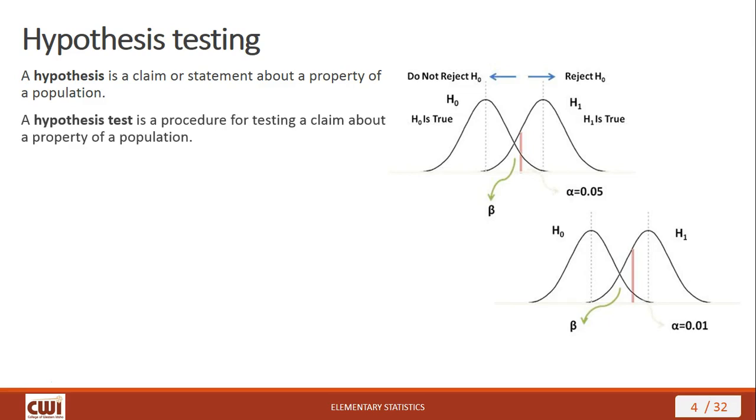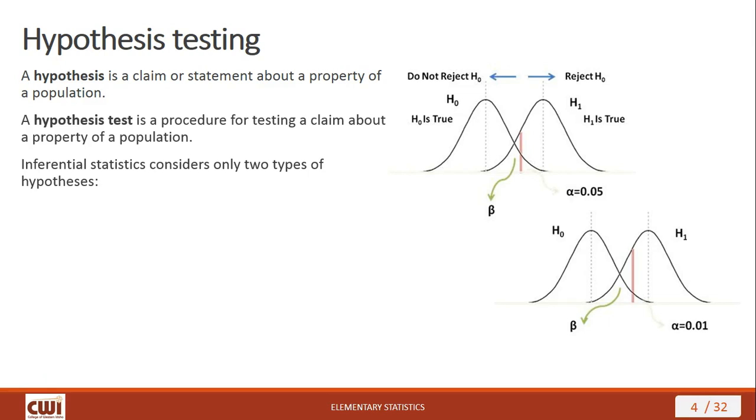The hypothesis test is then a procedure for testing the claim we make about a property of a population. This is all part of what we call inferential statistics, where we're taking a sample and we're using characteristics of that sample to infer or make conclusions about the characteristics of a population.